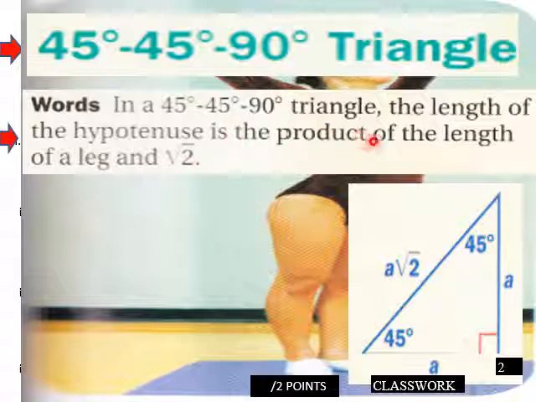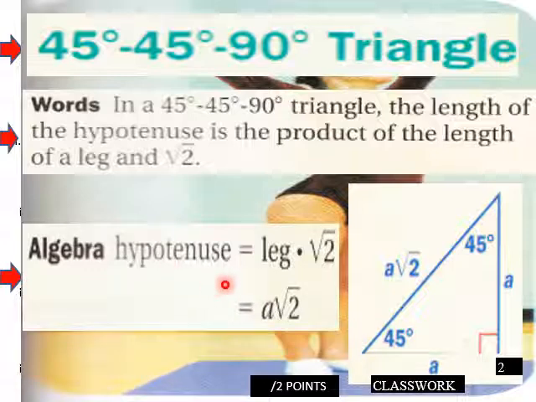In a 45-45-90 triangle, the length of the hypotenuse is the product of the length of a leg and square root of 2. So you just know automatically that the hypotenuse is A, the side, times square root of 2. That's the length of it. So for algebra, again, hypotenuse equals leg times square root of 2, or A times square root of 2.